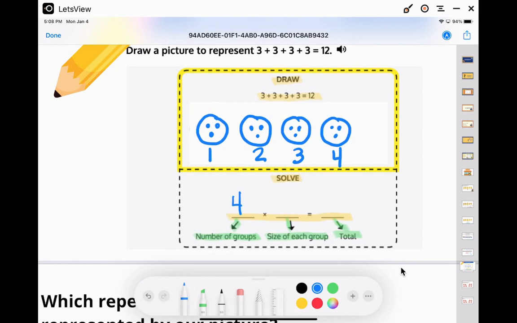There are 3 dots in each of my groups. The third factor is the total. There are a total of 12 dots. So my multiplication equation is 3 times 4 equals 12.